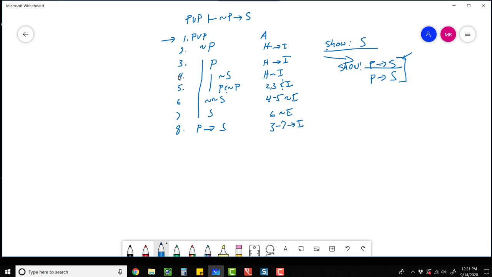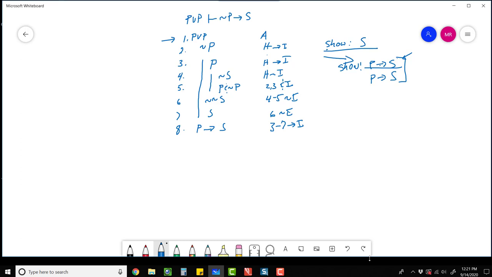So take a breath. What have you done? You've just shown if P then S, which you were trying to do for OR elimination, for disjunction elimination, right? So now you need to show your second if P then S, but of course that exists right here. You don't need to do this twice.